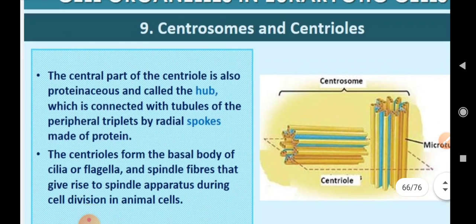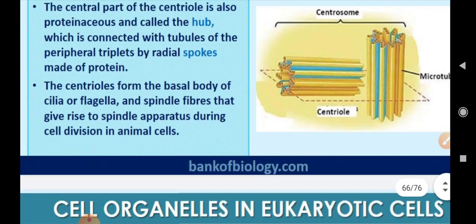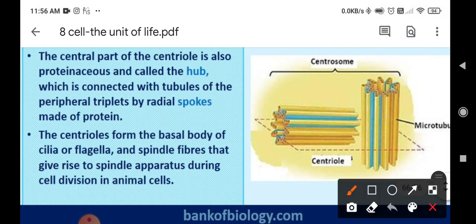Here you can see a centrosome which contains two centrioles, very clearly shown, and they are perpendicular to each other. They have parallelly arranged structures which are known as microtubules.